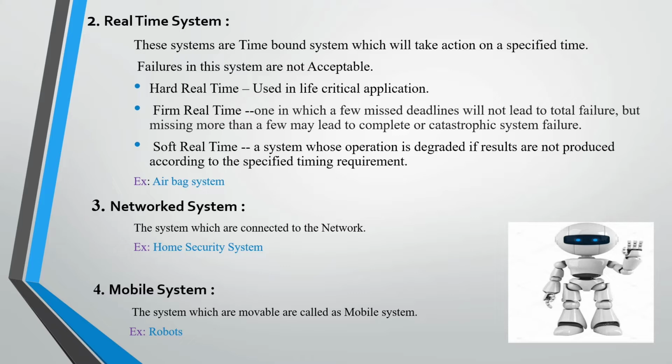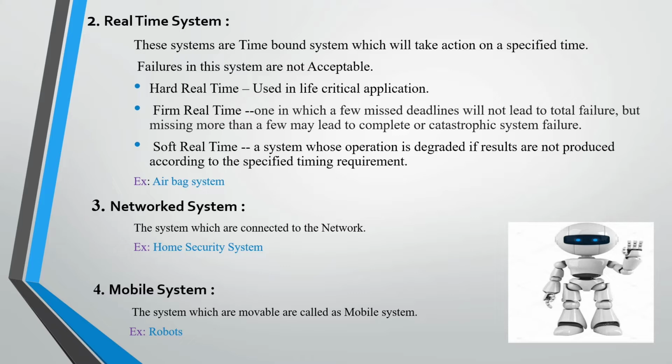It is okay to miss a few deadlines, but missing more than a few deadlines will lead to total failure of the system. And soft real-time system is a system whose operation is degraded if results are not produced according to specified timing requirement. That means it is acceptable to have some tolerance in meeting deadline.